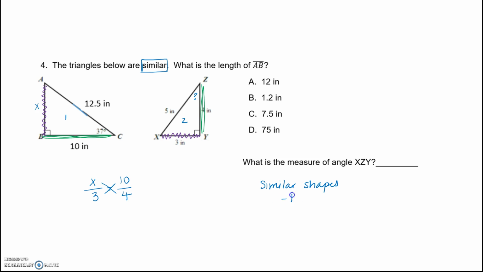They have proportional sides, which allows us to do the proportion to solve for X. And then they also have congruent angles. So you're going to use that information to fill in the blank.